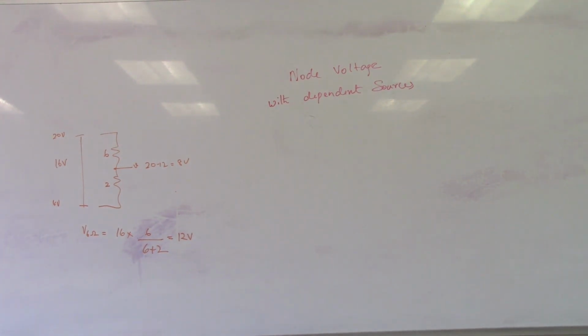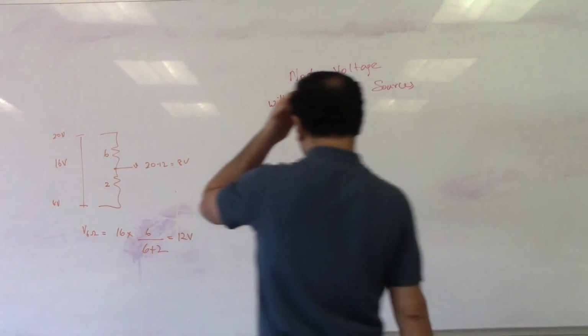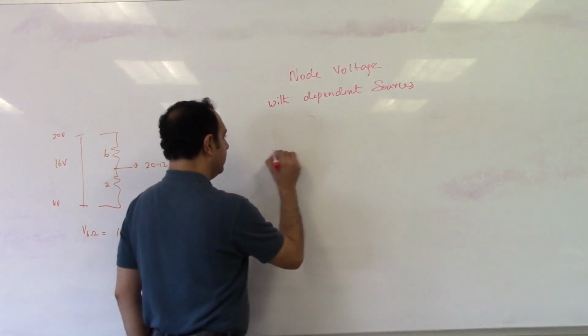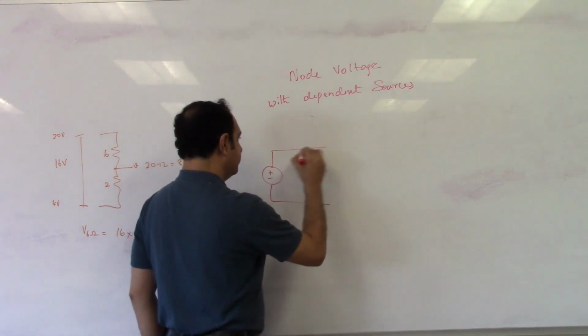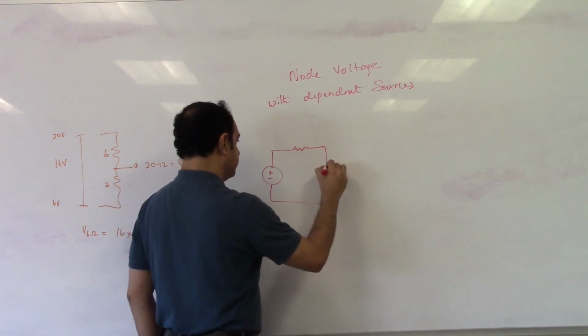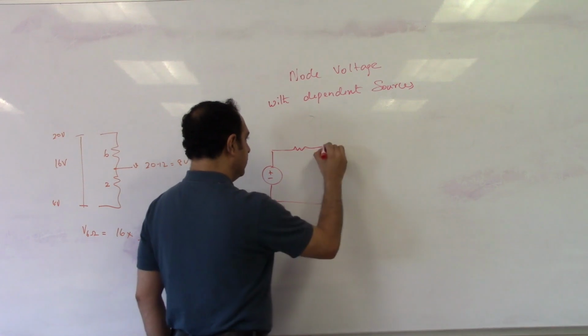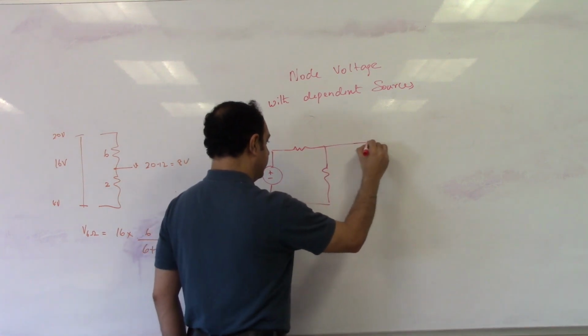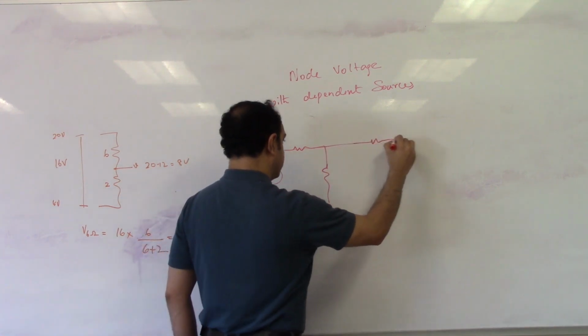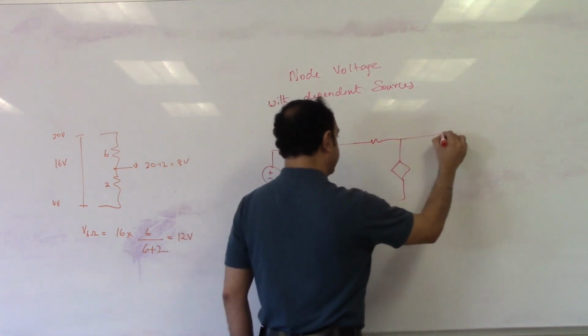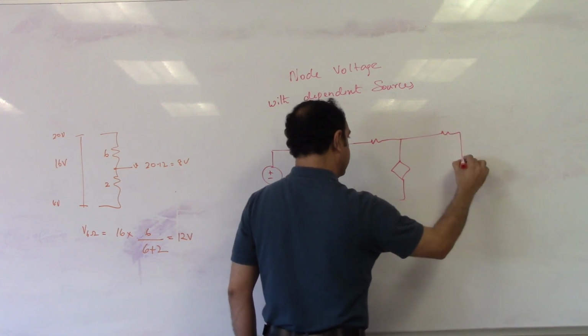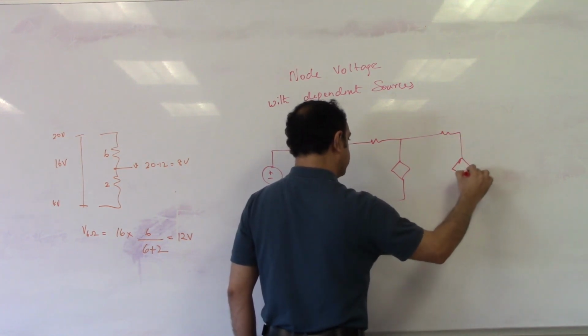The idea here is, let's say I have a voltage source like this. In addition to a voltage source, we'll also include a few dependent sources. For example, here, I can have one more resistance and a dependent current source. And then I can go here and have a dependent voltage source.